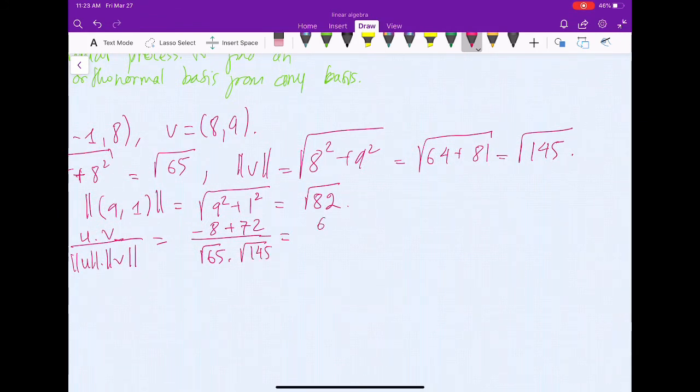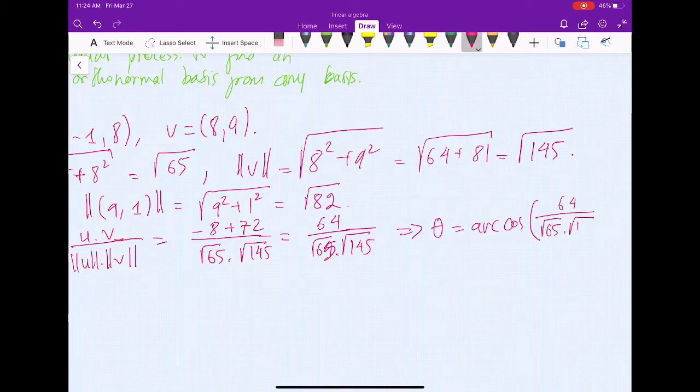So you get 64 over the square root of 65 times the square root of 145. And once you have that, you use a calculator to find the angle theta, which is the arccosine of 64 over the square root of 65 times 145 here. That's it.